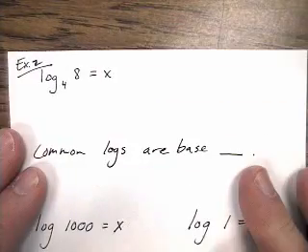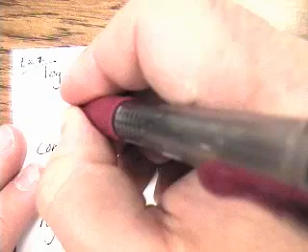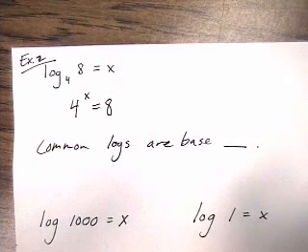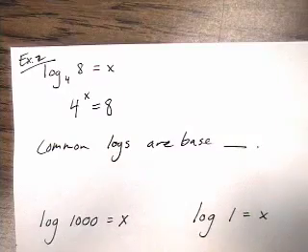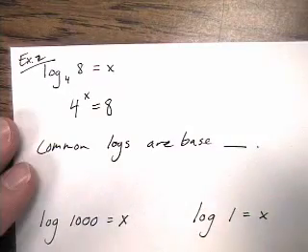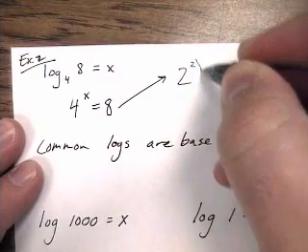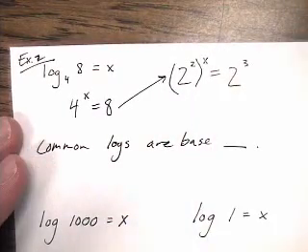Okay, how about this next one? Put it on the screen for you. 4 to the x equals 8. Now I don't know how to rewrite 8 as a power of 4, but I do know that 4 and 8 share a common base, so I'm going to rewrite this as 2 squared to the x equals 2 to the 3rd.